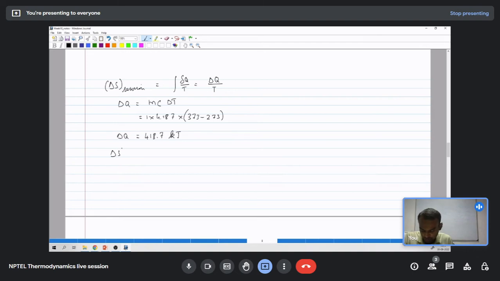So we can write entropy change for the reservoir. So this is 418.7 divided by temperature. The temperature of the reservoir was 373 Kelvin, which becomes 1.122 kilojoules per Kelvin.